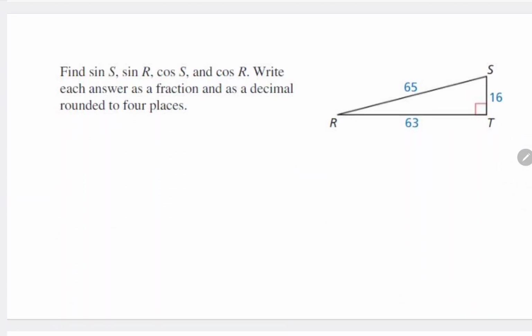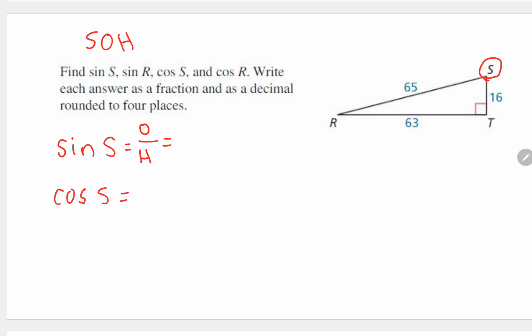All right, now let's add in sine and cosine. So let's start with a refresher. Let's do angle S stuff first. We'll find sine of S and cosine of S to start. So sine of S means we're looking from S. Remember, sine is opposite over hypotenuse.